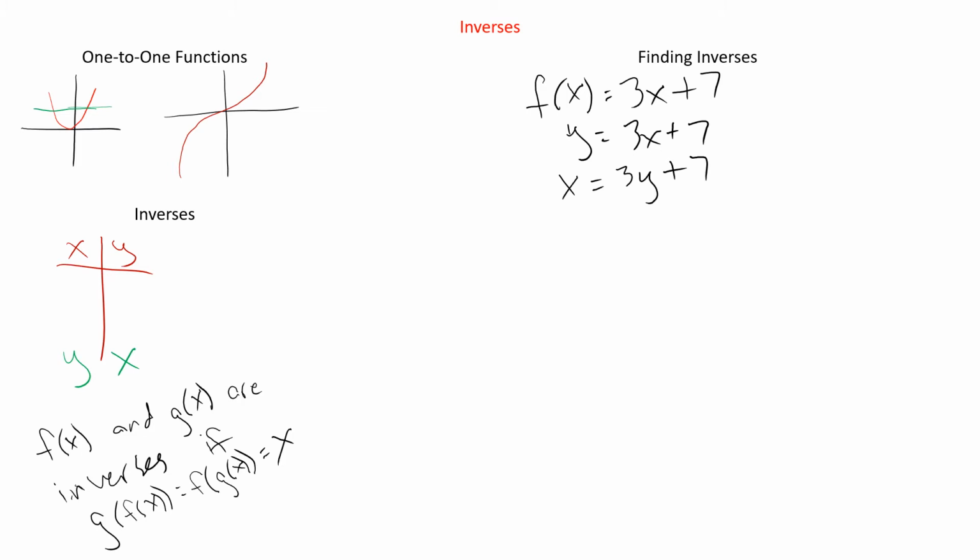Now we solve for y again. So we're going to subtract 7 and then divide by 3. So y equals x minus 7 over 3. Put it back in function notation.